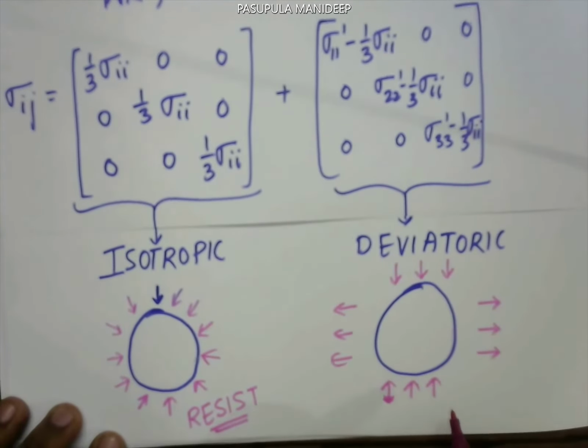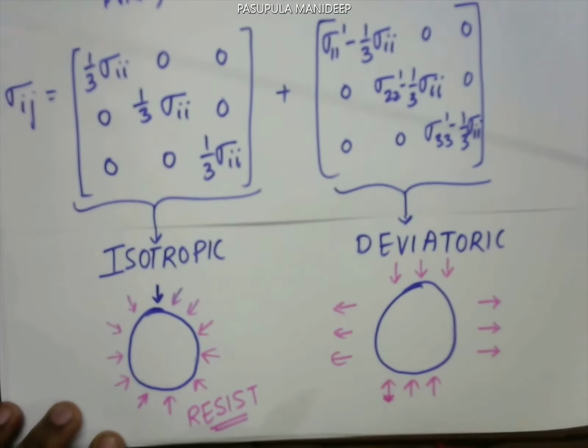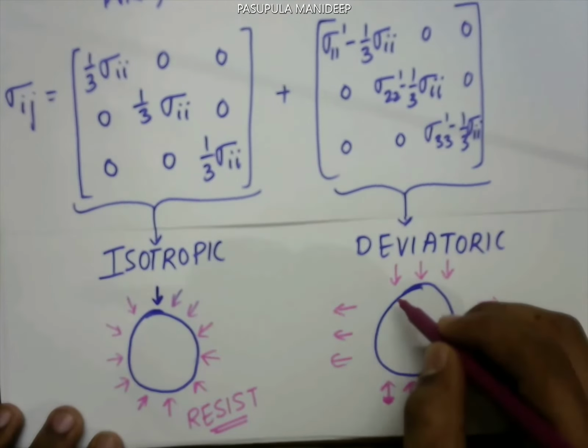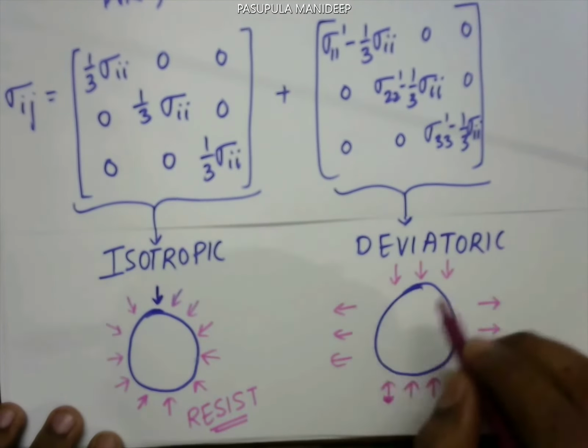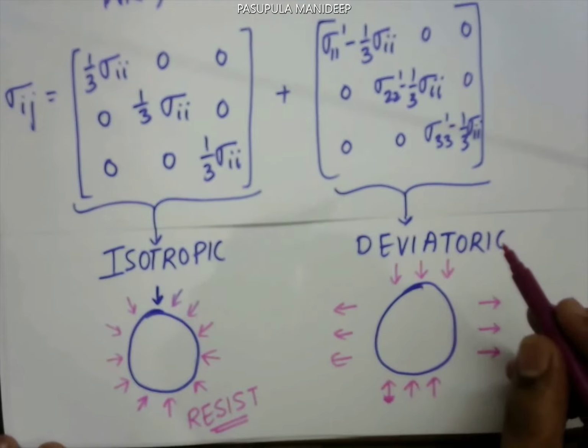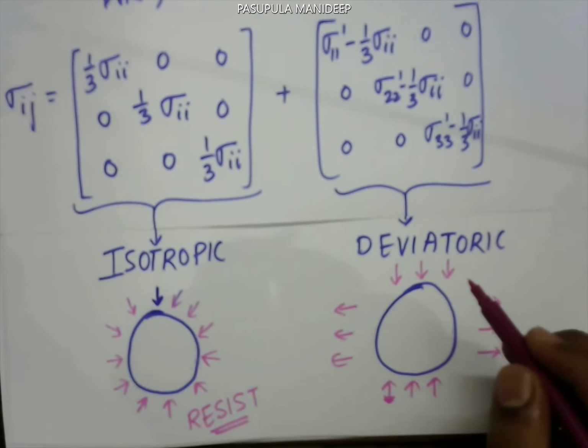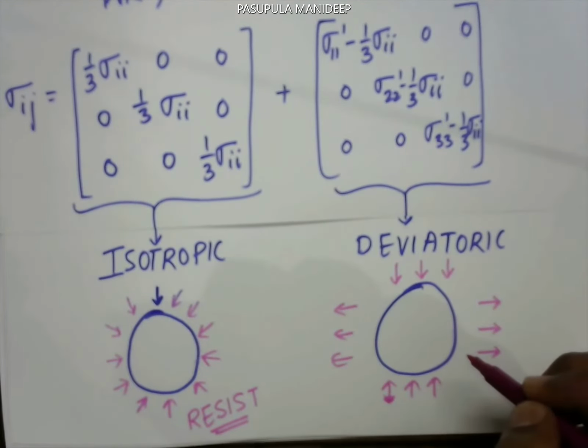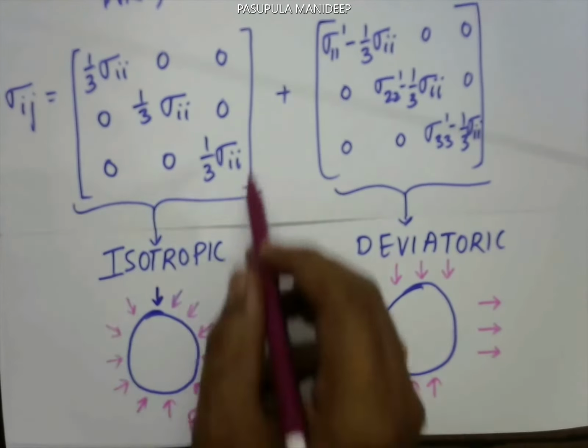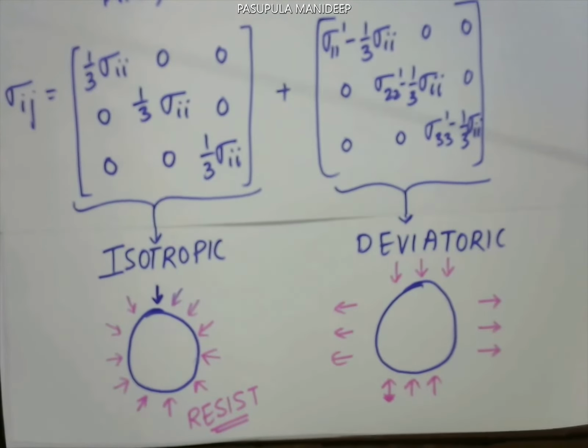Otherwise, if it is non-zero, there will be deformations and there will be motion of the fluid. That's not going to happen in the static condition. So there is only the isotropic stress tensor for the fluid at rest.